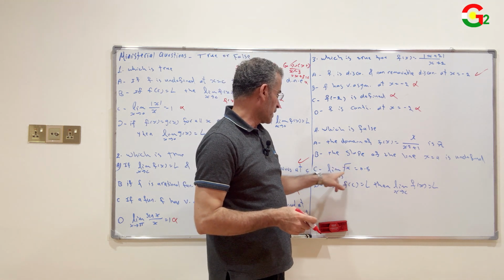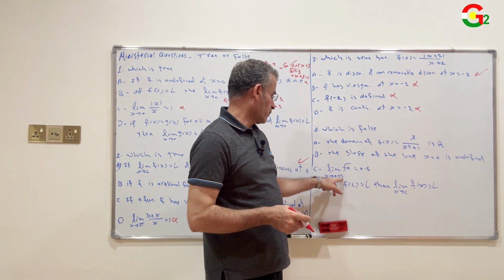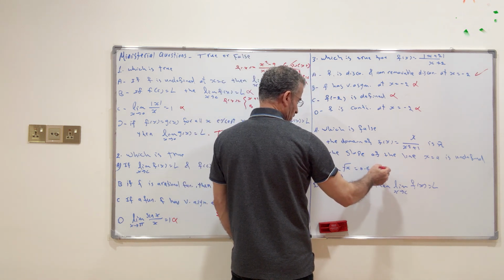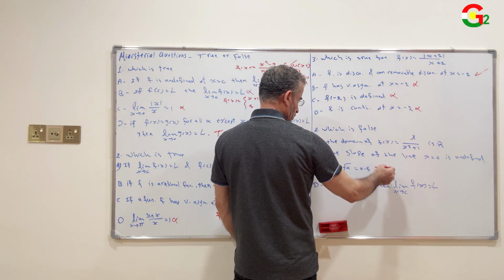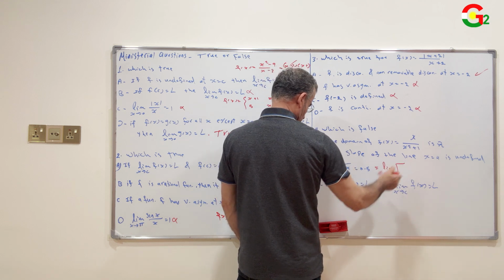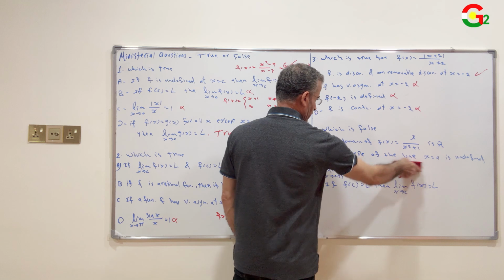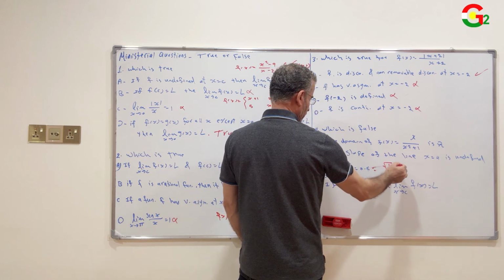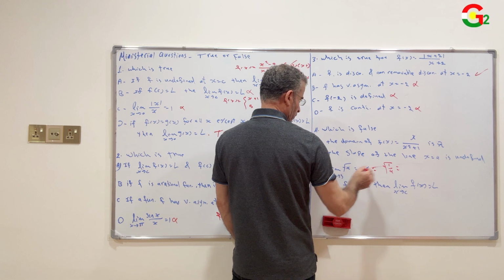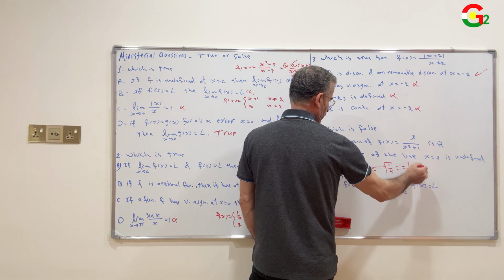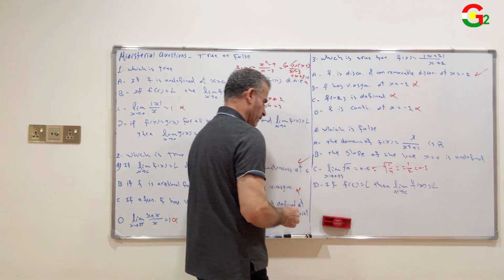The limit of square root x when x approaches 0.25 is 0.5. Also true, since square root of 1 over 4, which is 0.25, equals square root 1 over square root 4, which is 0.5.